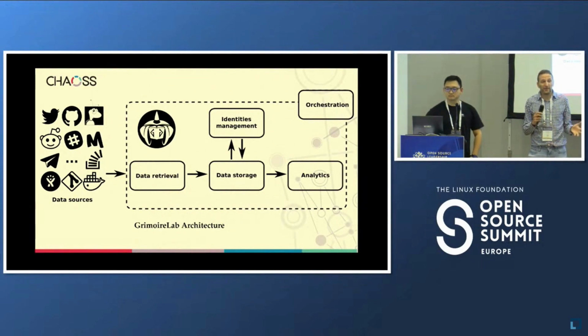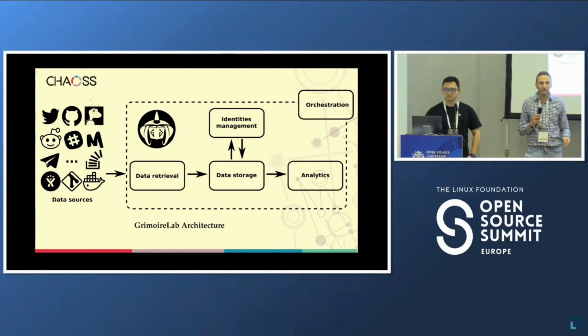The tool is really flexible, so think of this as a NoSQL database full of different information coming from these sources. What GrimoireLab helps you with is reducing the complexity of first gathering all the data. Forget about APIs, logs, etc. You don't have to take care of incremental support. It gives you all the historical information from the very beginning of that data source. So on and so forth.